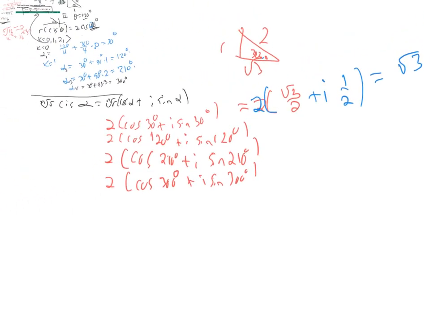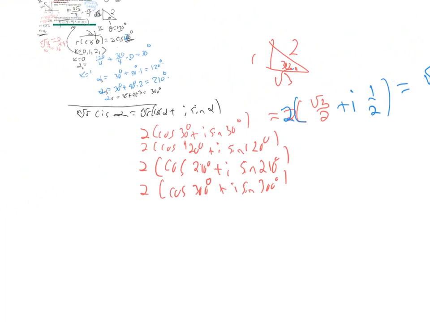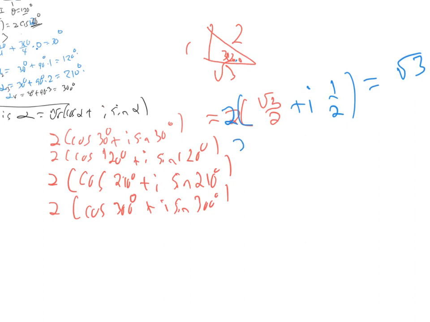Do the second one here. 2. Now when I do a 120, all that means now is that my reference angle now is in quadrant 2. This is still a 30-degree angle, but my square root of 3 becomes negative now. So when I'm looking at this triangle now, I'm in quadrant 2.